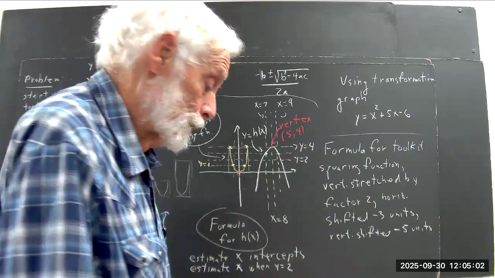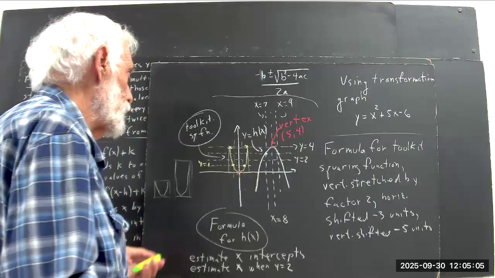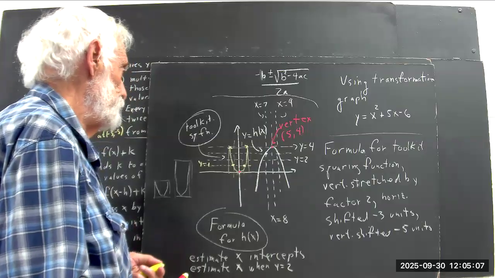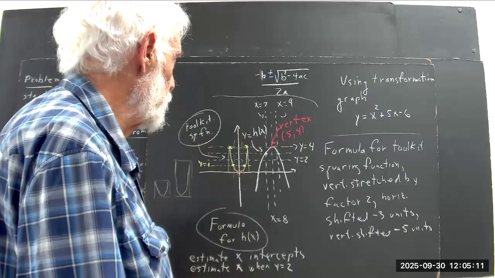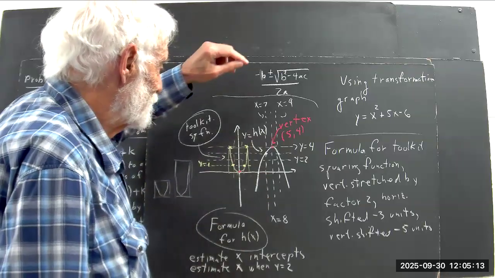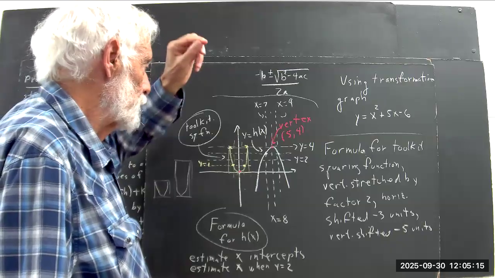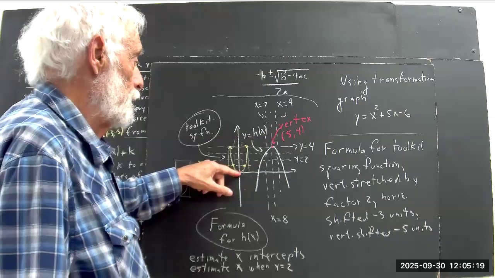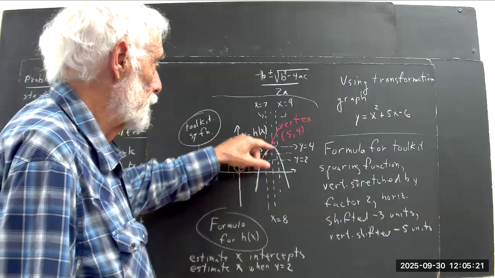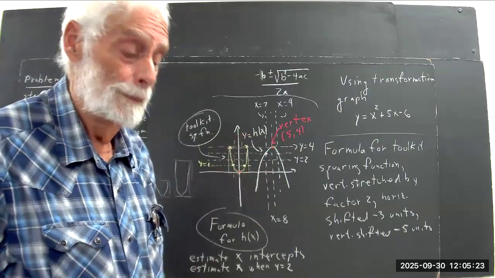That's going to do it. Now, there are other ways to see what this function is, but once we know we're going to be doing a negative x squared, we can see that the vertex goes over 8 units and up 4 units.